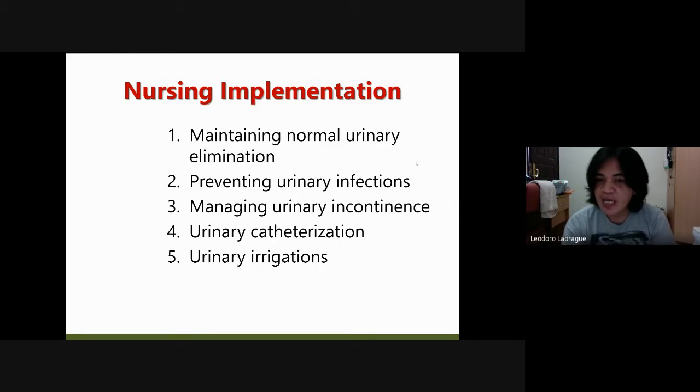Number three, in case the patient has incontinence, how do you manage it? Number four, if the patient has no bladder control at all, in most cases we perform urinary catheterization. And number five, if the patient has surgery of the bladder or urinary system, urinary irrigation is performed.